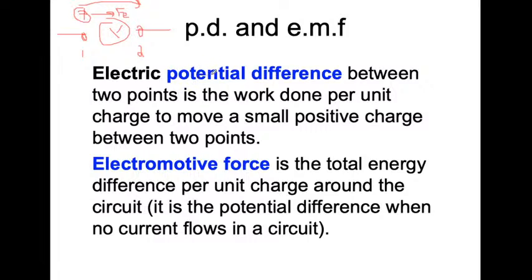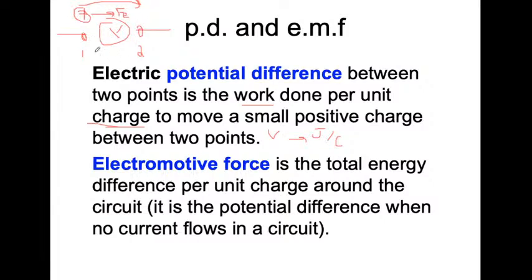That's what we're talking about with potential difference. Again, it's measured in volts, which are joules per coulomb. And work is in joules, and our per unit charge would be our coulombs. Okay, so that's potential difference.